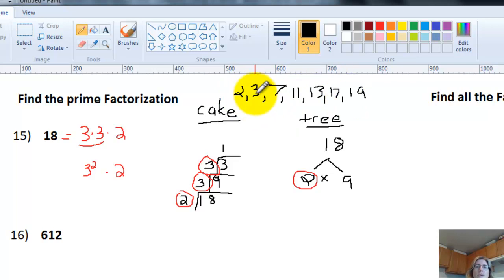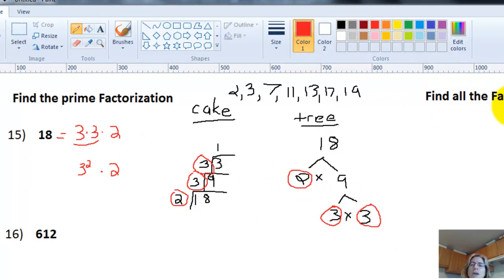You go through your prime numbers. Does 2 times some number equal 9? No. Does 3 times some number equal 9? Yes. 3 times 3. So then you have 3 times 3. And you have all prime numbers, so you're done at this point. And you come up with the same answer, of course, 2 times 3 times 3.